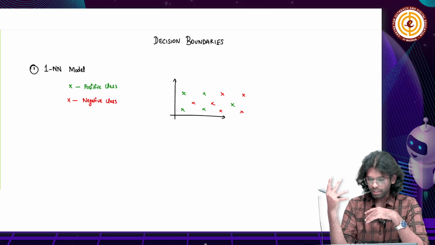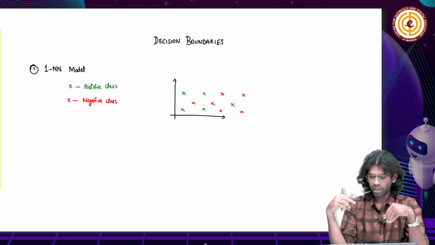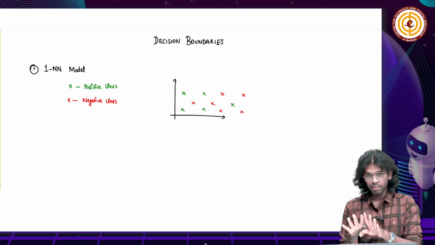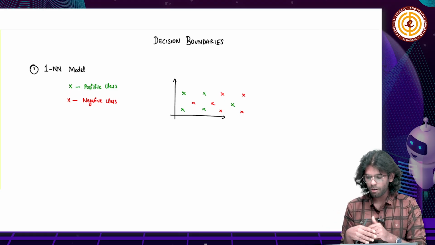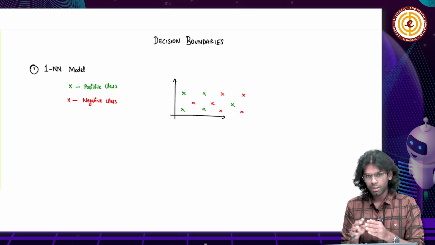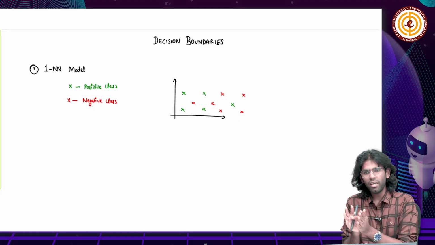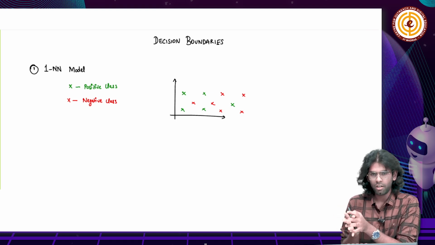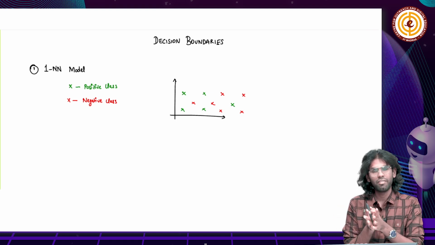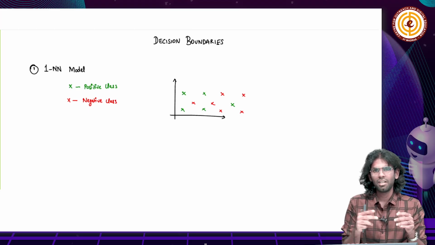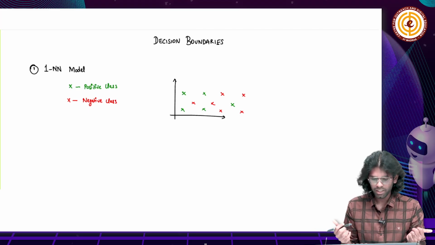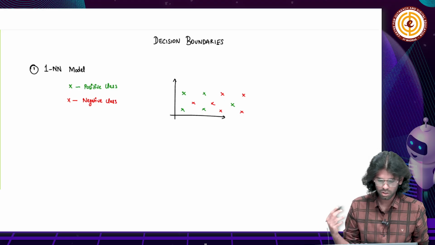Since we are talking about a 1NN model, we want to see in this graph all the possible points and color them, saying okay, if my point is in this particular region I am predicting no or negative, or if it is in some other region that is colored green, then that would be my positive class. So this is what we have.